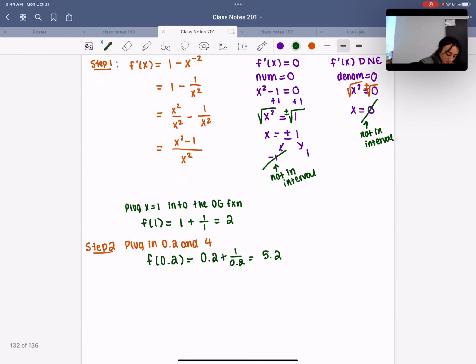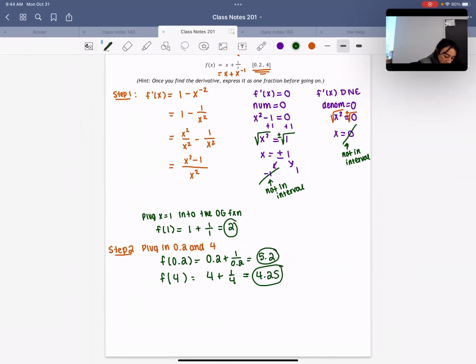You can also plug in 4, which is 4 plus 1/4, which gives you 4.25. So we've plugged in 3 different things. We found f of 1, which was 2, f of 0.2, which was 5.2, and f of 4, which is 4.25. What's my absolute minimum?